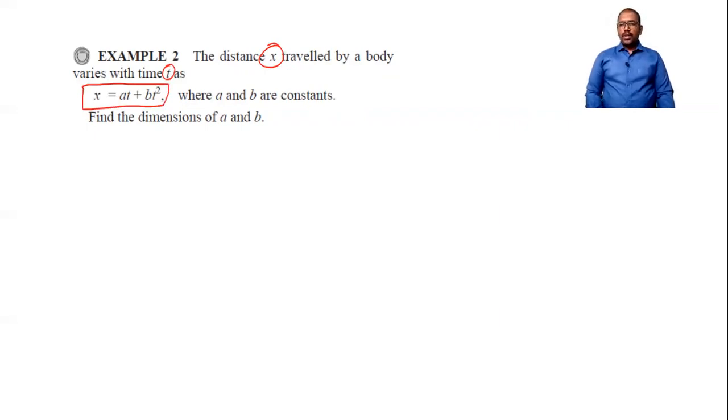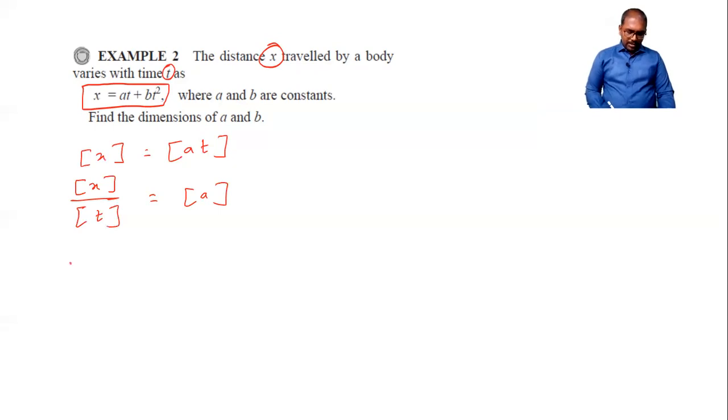If we use the homogeneity of dimensions, or use number 1, then the dimension of x is equal to the dimension of A times t, because this is a dimensionally correct equation. So the dimension of A is equal to the dimension of x divided by the dimension of t. The dimension of x is L1 M0 T0, since it is a length, basically a distance.